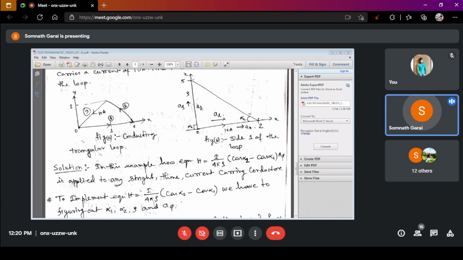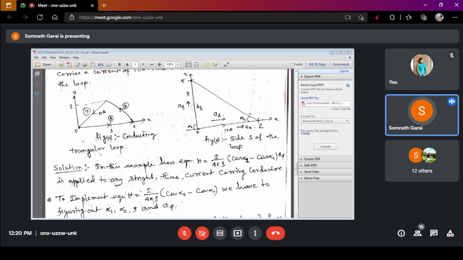So we connect 5 to O and 5 to 2. The angle alpha 1 is a right angle, that is 90 degrees, and alpha 2 we have to calculate.